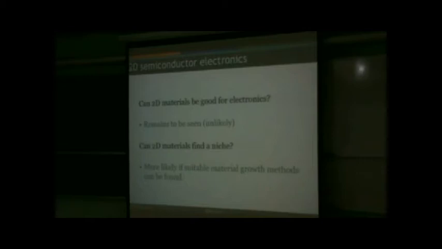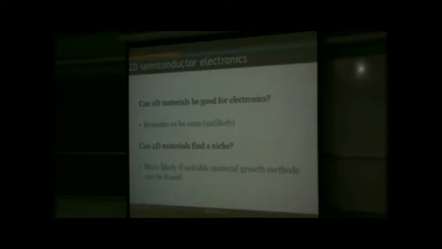So, 2D semiconductor electronics. This is my personal view, and feel free to disagree with me. Are 2D materials good for electronics? Remains to be seen. But it looks to me that it is unlikely, because it is not able to catch even the low performance limits. And as you saw from Sumon's talk, as they are reducing the thickness of their indium arsenide layer, they are still getting mobility of 4,000.